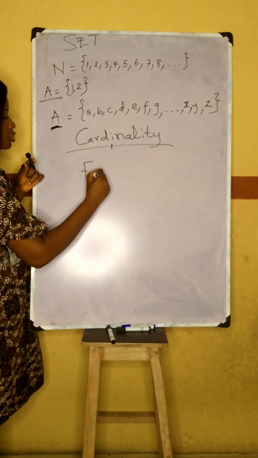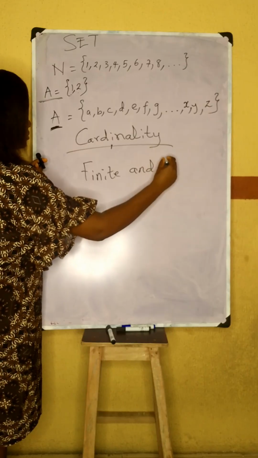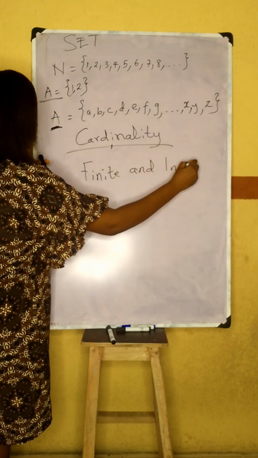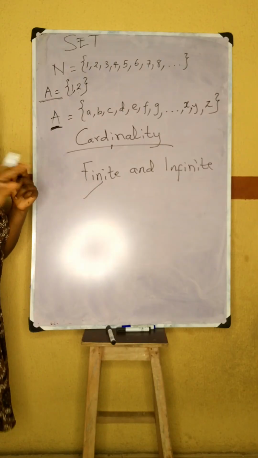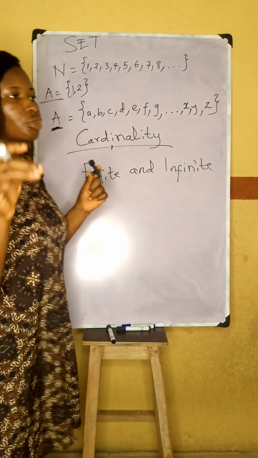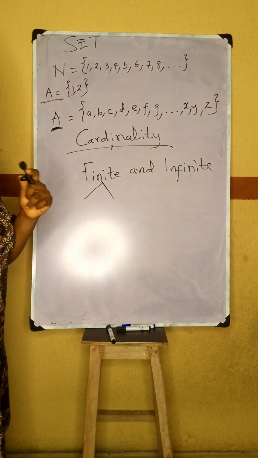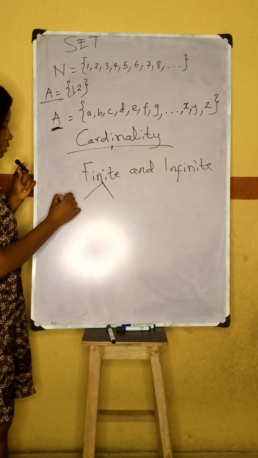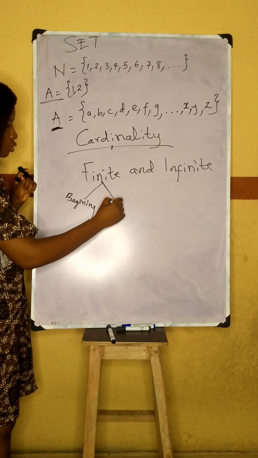Then another term we also need to get used to is finite and infinite. Now, when you hear infinity, it means no end. So the idea I want you to remember this with is a set is said to be finite if I know the beginning and I also know the end.